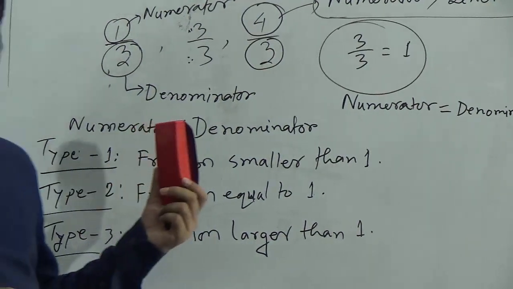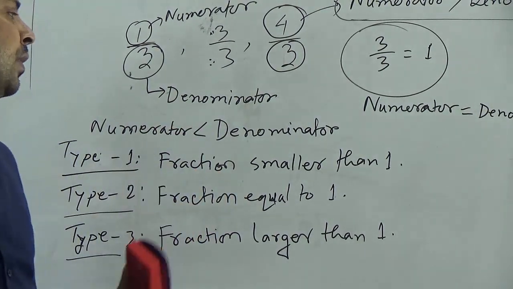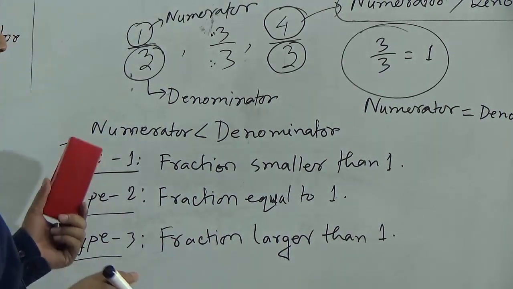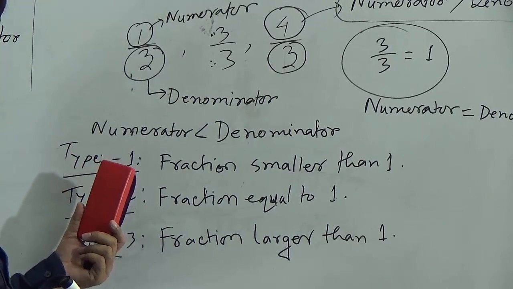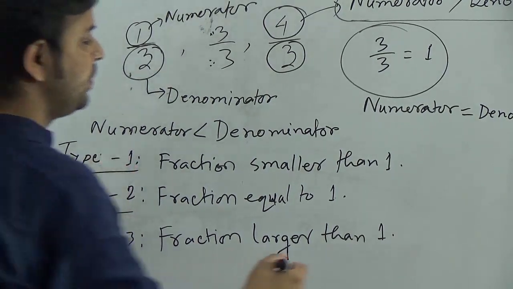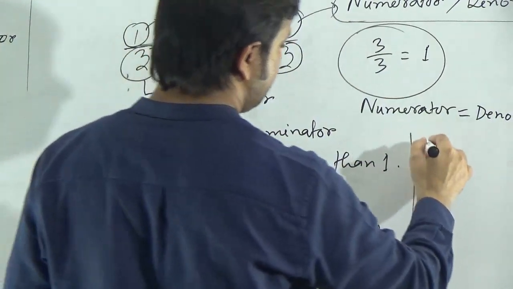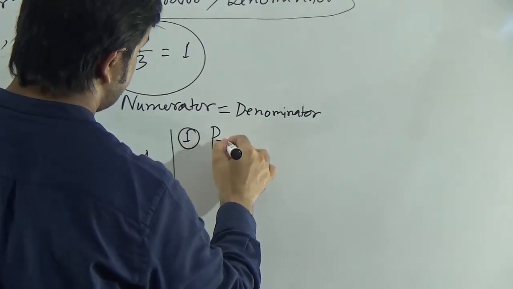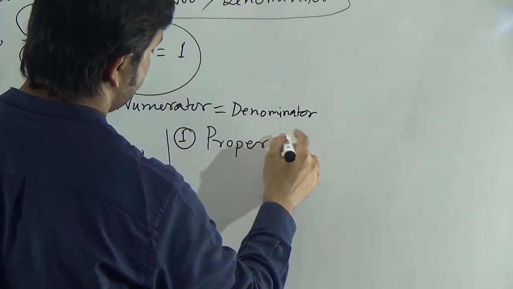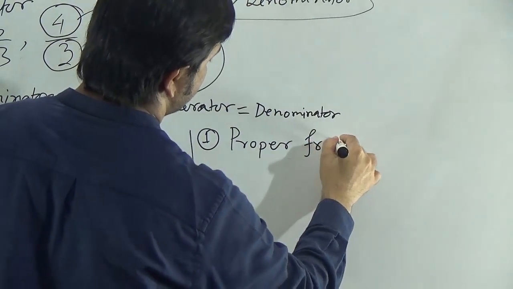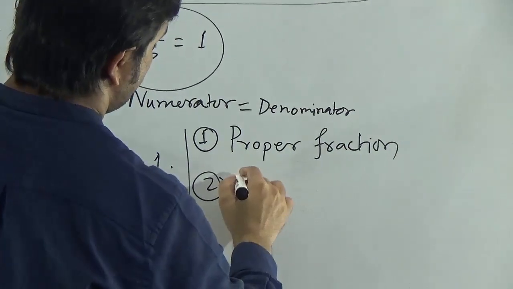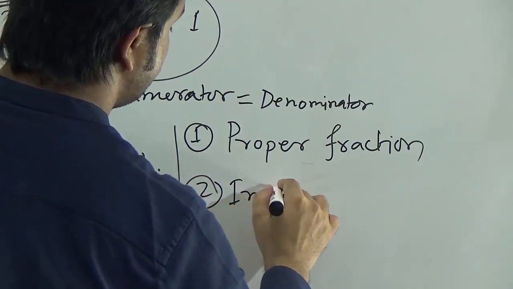These 3 types are discussed in your book. Now, I will show 3 types of fractions. What will you read in class 5? These 3 types are, first one, proper fraction. Second one, improper fraction.